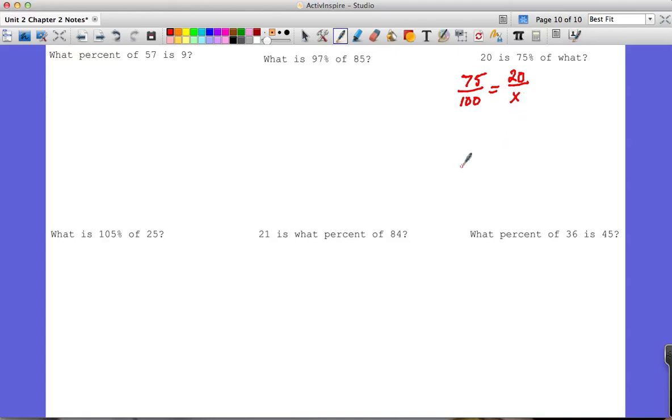The other way we can set it up is to say we don't know the total, but we're going to multiply it by the decimal, and it should equal 20. So now to solve this, I do 100 times 20. 1 times 2 is 2, and I have 3 zeros, so 2,000. So I know that x times 75 has to equal 2,000. To solve, I have to divide both sides by 75.